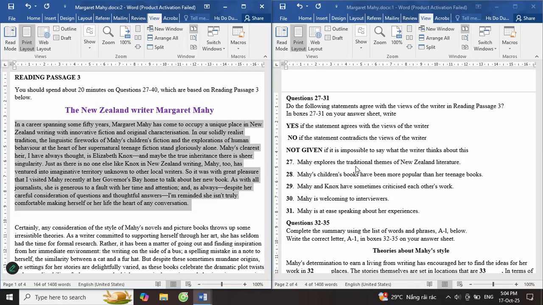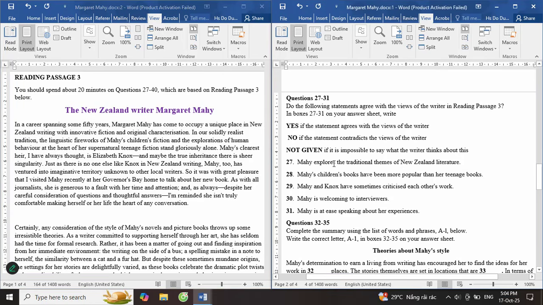Okay. I think this one is not very challenging. Now, for the first question, Mahy explored the traditional themes of New Zealand literature. For this question, we can see the answer here.